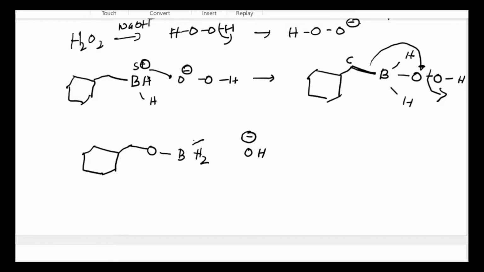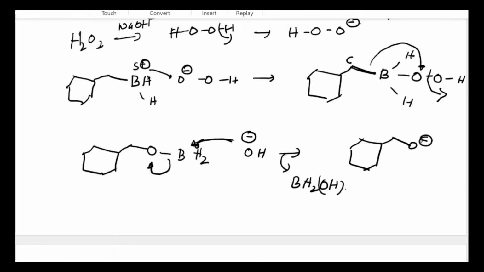So OH minus will again take this BH2 and this O will take this, resulting in the formation of BH2OH species and O minus, which on hydrolysis with H3O plus gives OH.